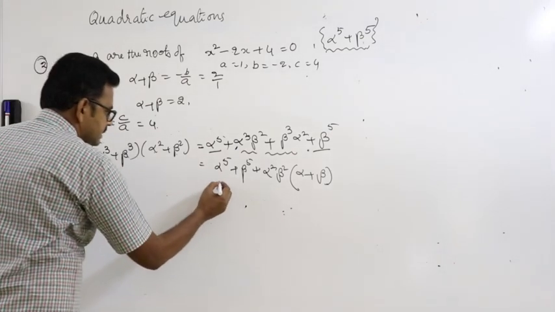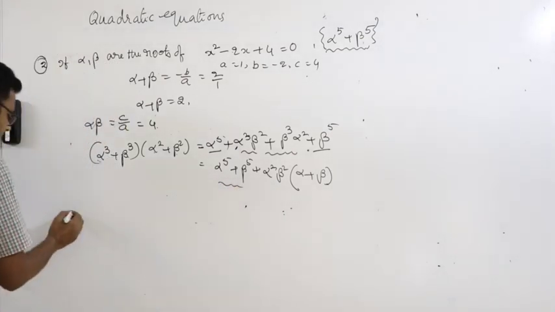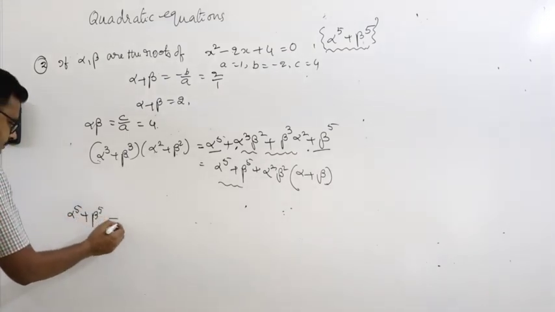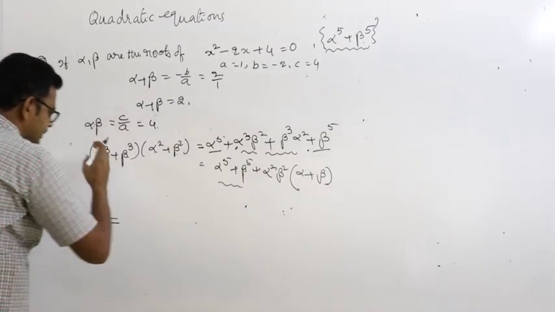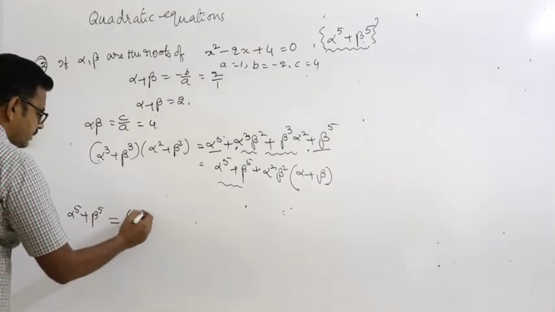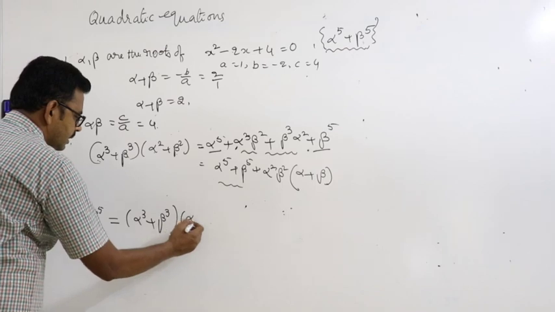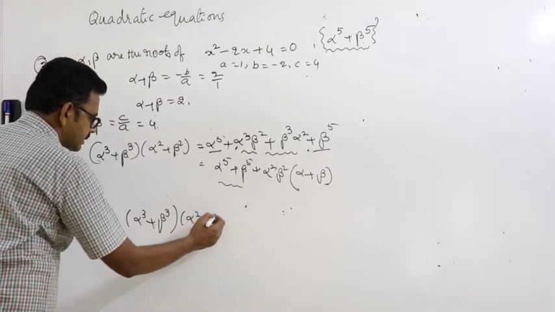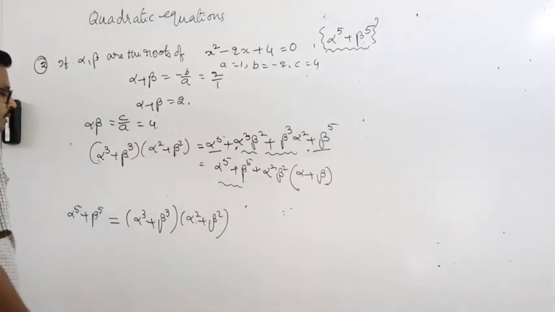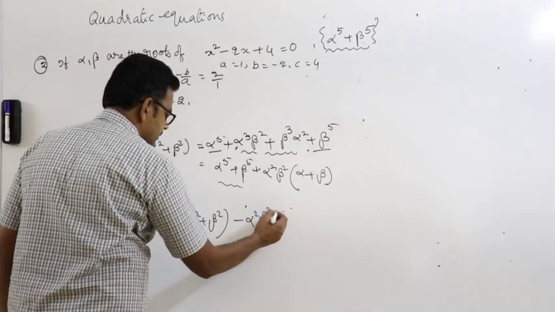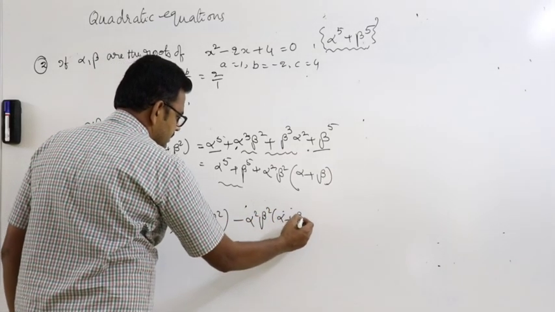Therefore alpha power 5 plus beta power 5 is equal to alpha cube plus beta cube into alpha square plus beta square minus alpha square beta square into alpha plus beta.